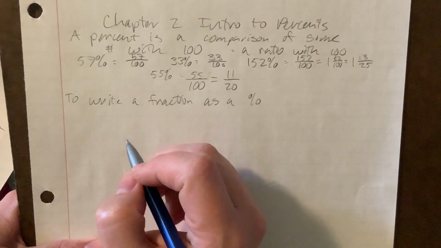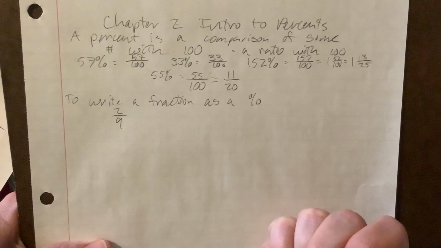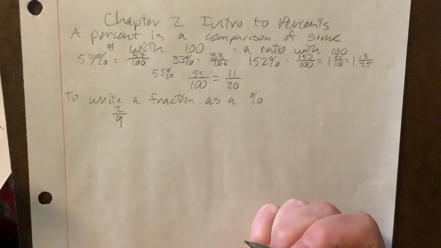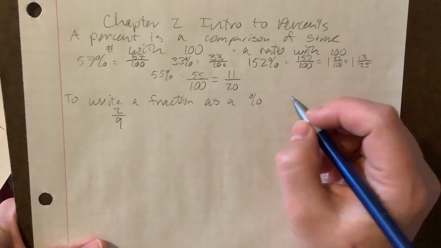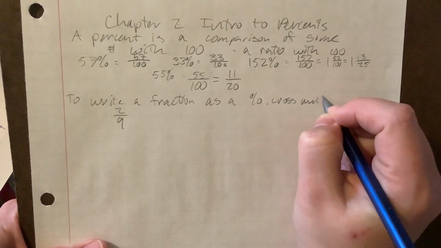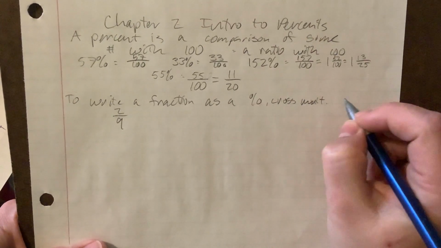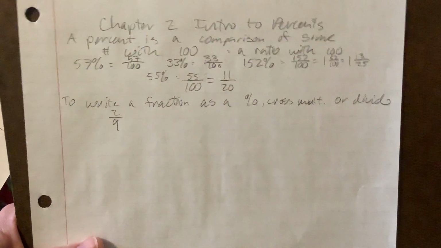So let's say we have the fraction 2/9, and we want to know what percent that is. Okay, so there's actually two ways to do it. We can cross-multiply, or we can divide. Okay, I'll talk about the dividing in just a second.